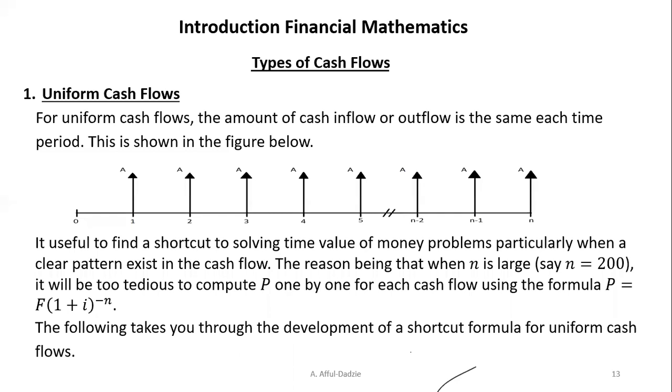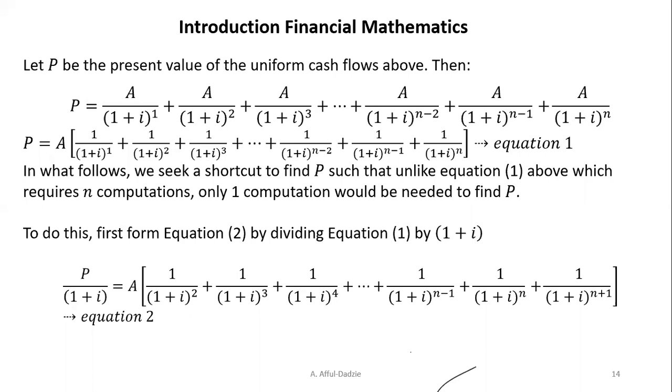For a year, that is 12. Another year, so that is 60. So if you are to discount all this, that means you're going to do that discounting process 60 times. That is quite a bummer. It's going to be quite laborious or tedious, taking them one after the other, one after the other. So look at it from this point of view. Suppose that I have a uniform cash flow.